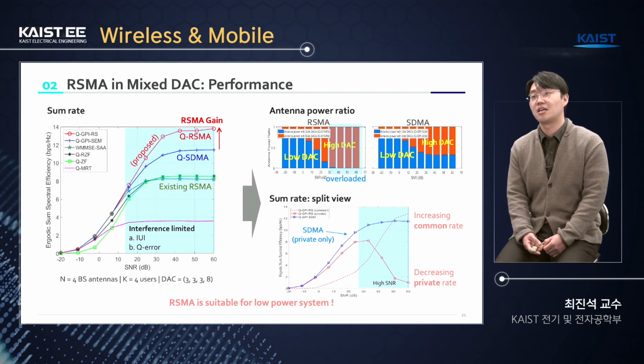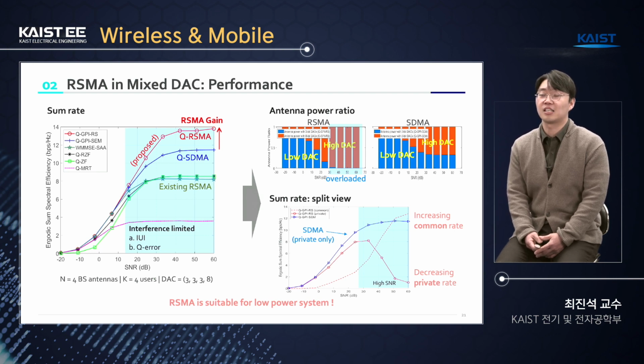For example, if you see the antenna power for the RSMA case, when the signal power is weak, we have a large portion of the signal power at the low DACs, but the antennas with high DACs have the power increasing when SNR increases. And the antennas with low resolution DACs are almost turned off when SNR is very high. That means it can become a low overloaded system because the number of active antennas is small.